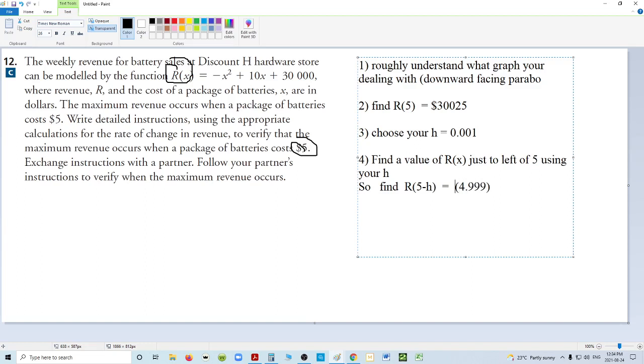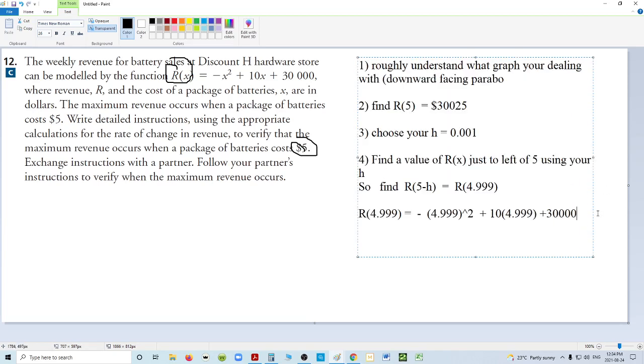You would find it by putting it in the calculator: minus 4.999 squared plus 10 times 4.999 plus 30,000.